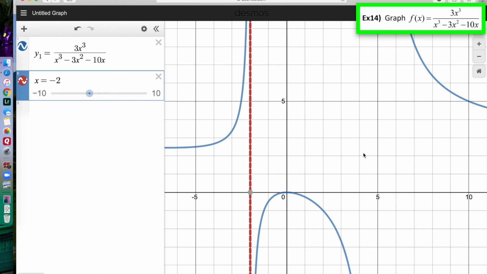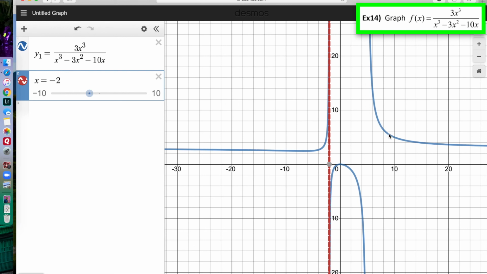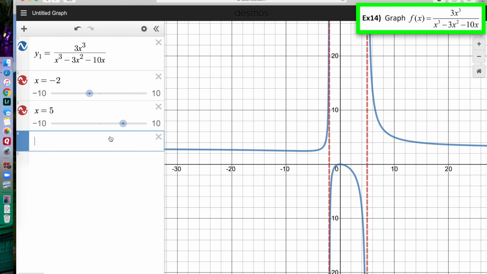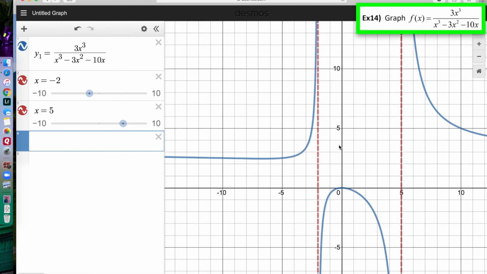And then the other one's a little bit more tricky because this is not as steep a slope, but I think maybe 5. Does 5 sound about right? So let's try one at about x equals 5. Yeah, that looks about right. And the horizontal asymptote, again, is tricky, because I told you earlier that there was going to be a place where the graph crosses the horizontal asymptote.